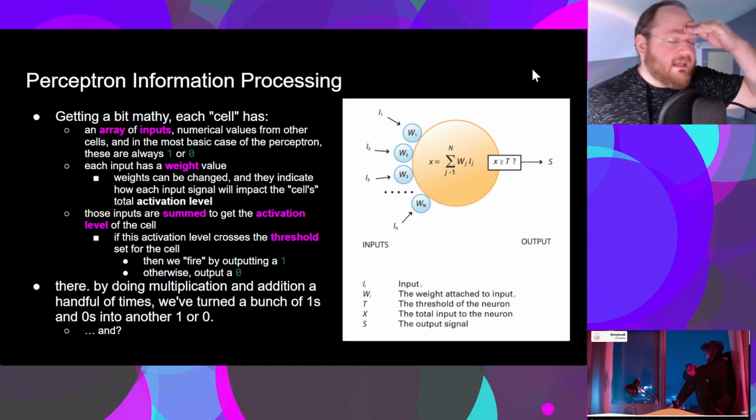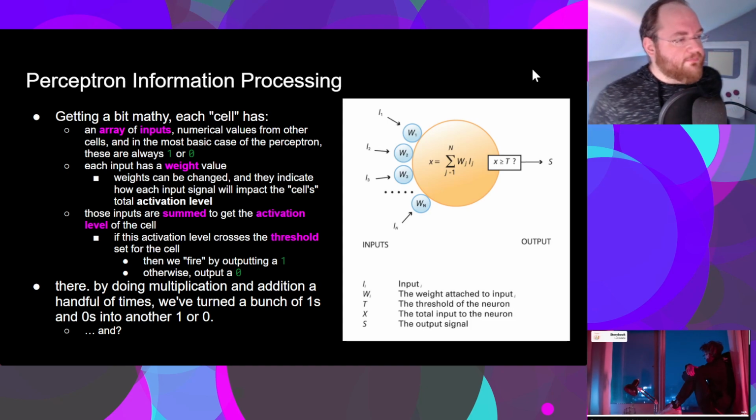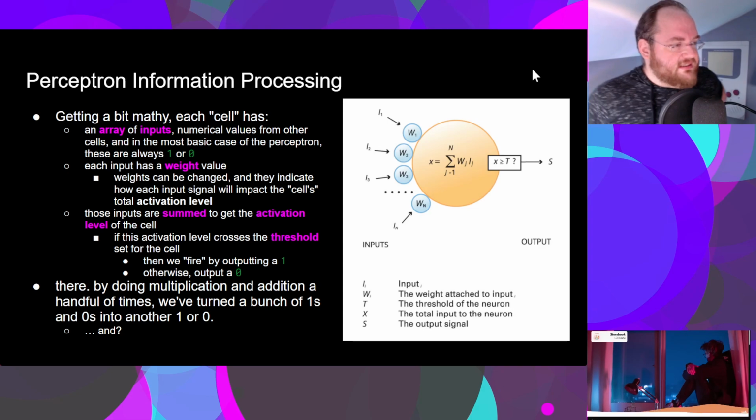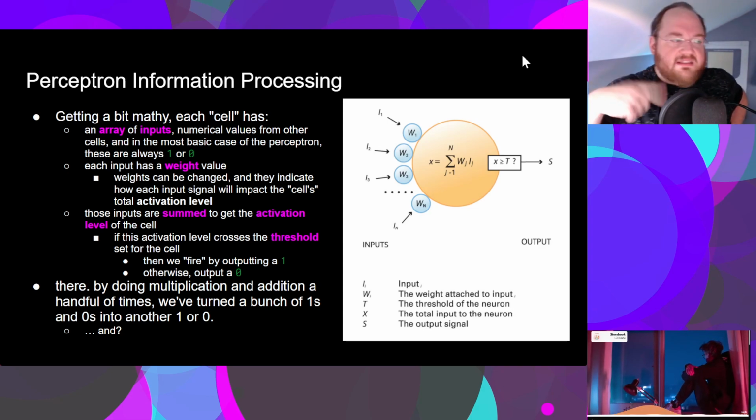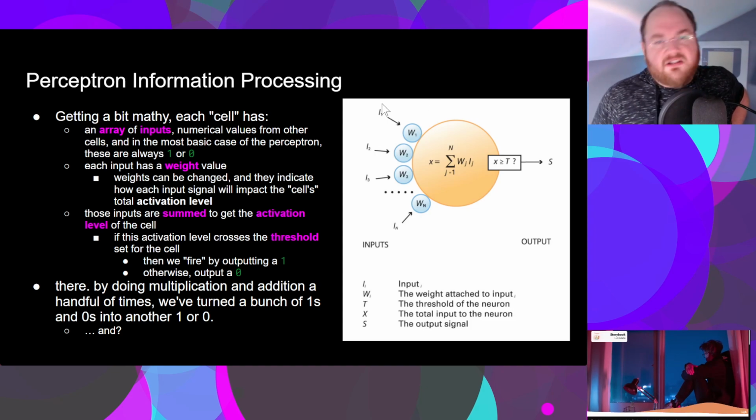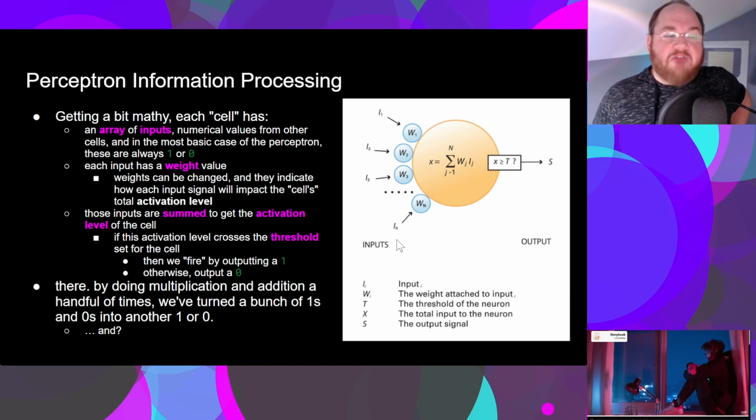So, getting a little bit mathy, we don't need to belabor this. I think I'll just gloss over this one. It's here for reference, but here's the deal. Information is going to come in from somewhere, either other perceptrons or the outside world.